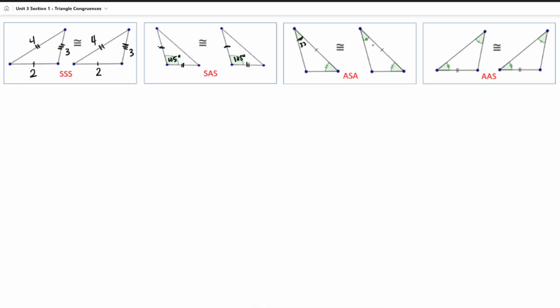I'm just throwing random numbers out there. But the point is that these are the same angle. We have the same side, and then we have another same angle. We'll say that's like 57. And when you read it, it'll read angle, side, angle.